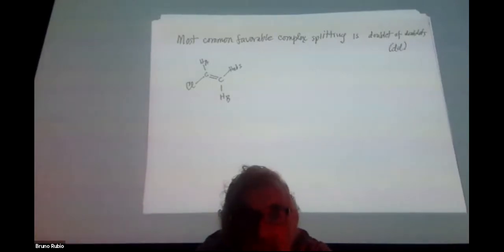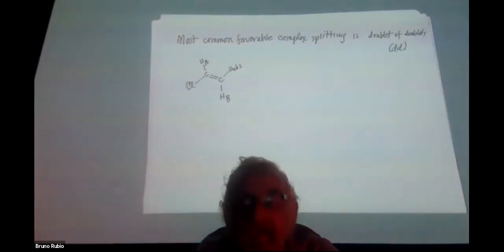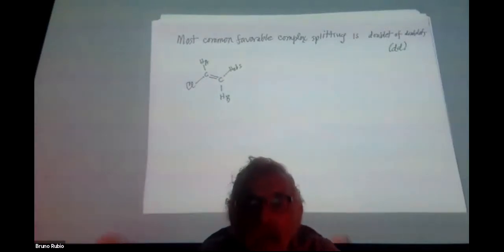So I need complex splitting. I turn on the splitting to A, and then I turn on the splitting to B. And what the NMR pattern looks like is called the doublet of doublets.